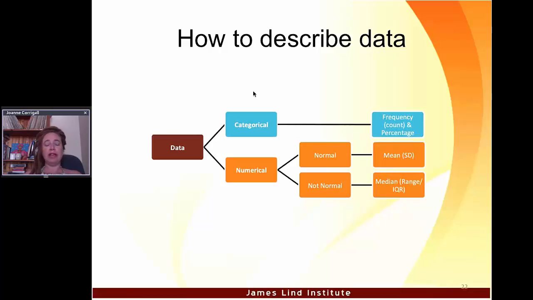They're very oftentimes binary, but they can also be ordinal, where you might have mild disease, moderate disease, severe disease. So you have different categories that go up in a particular order. So when we have these two different types of data, we apply different statistical tests to them. So it's important right at the beginning to think about what sort of data this is, and then to apply the correct ways of measuring and describing that data.